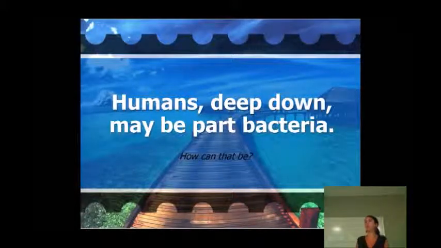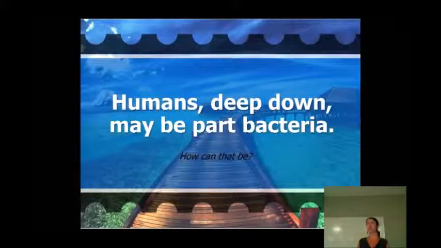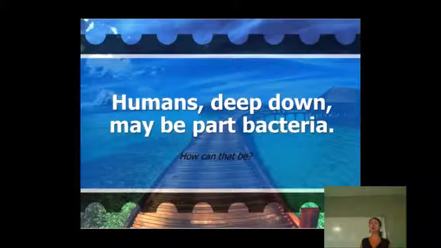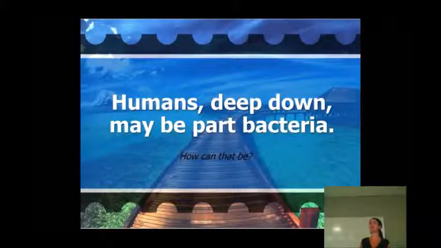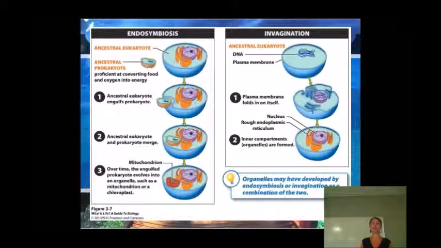And that may be why everything out there that's made of cells all has DNA and similar characteristics, because it may have all come from a common ancestor way back in the past.